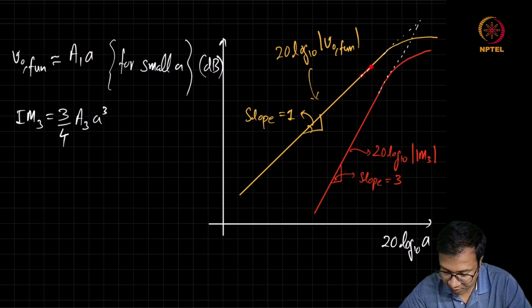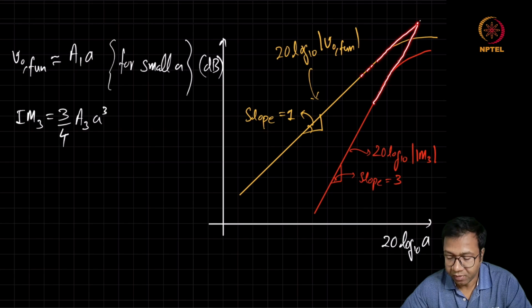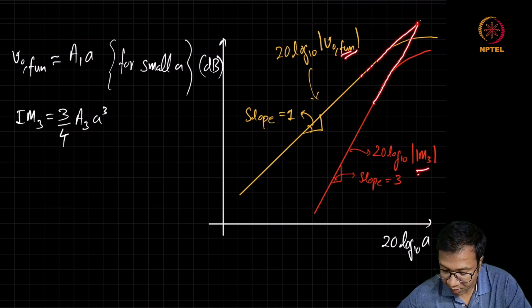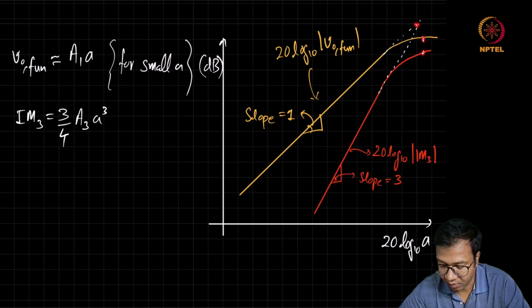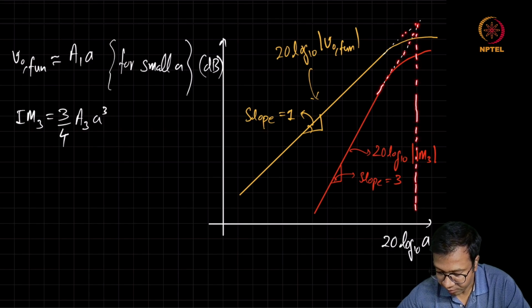So if we extrapolate these two plots, we can say that at some input signal strength, the fundamental component is going to become equal to the IM3 component. So it may not be a real scenario because in reality both of these powers are going to saturate, but this extrapolation will give us an idea about how linear a system may look like.